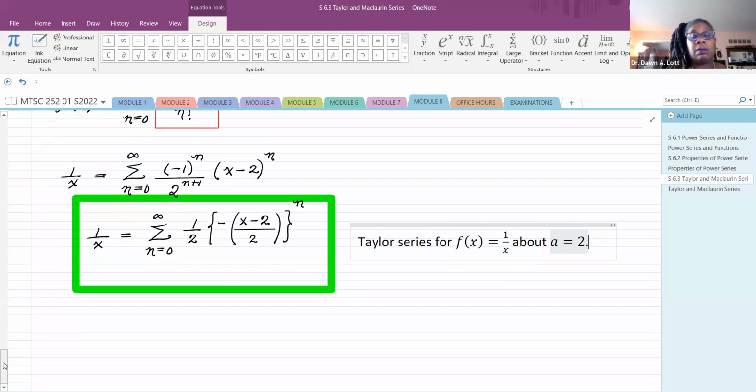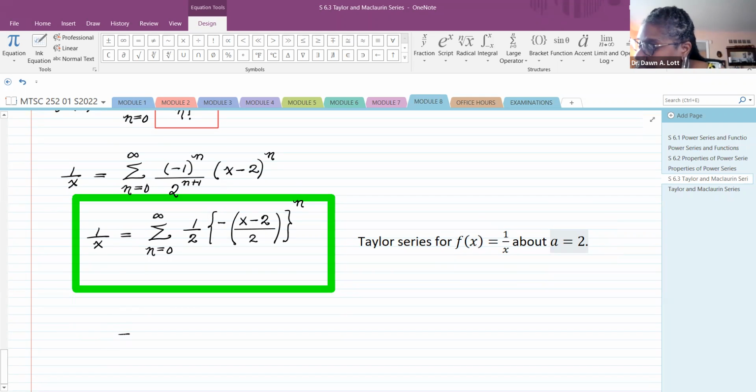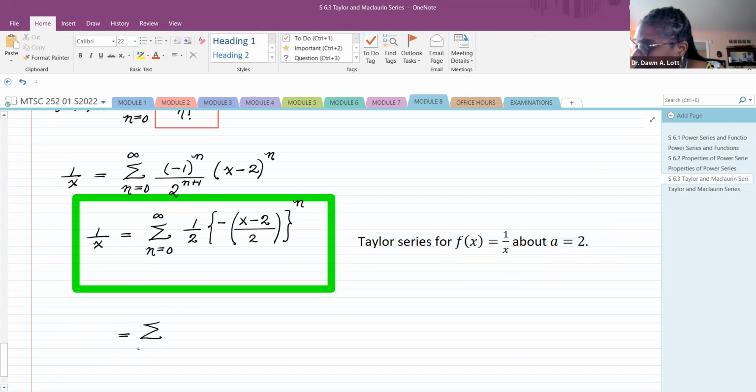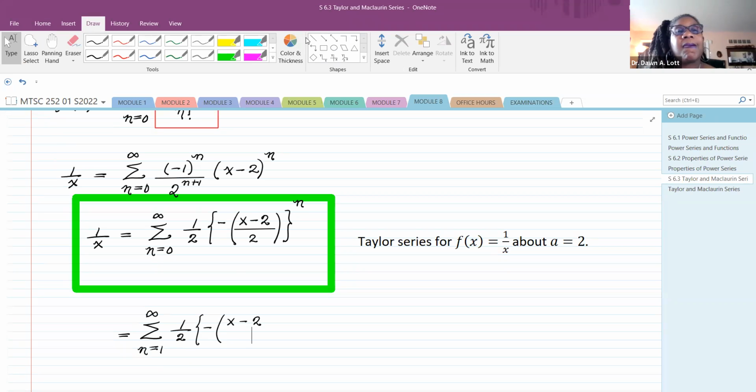This is a geometric series. If I rewrite it as the sum n equals 1 to infinity of 1/2 times minus x minus 2 over 2 to the n minus 1.